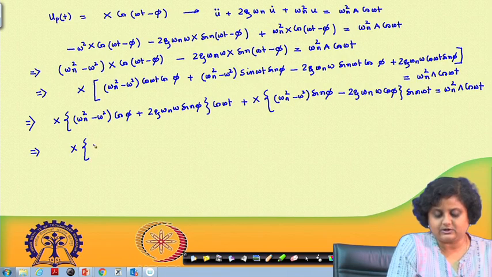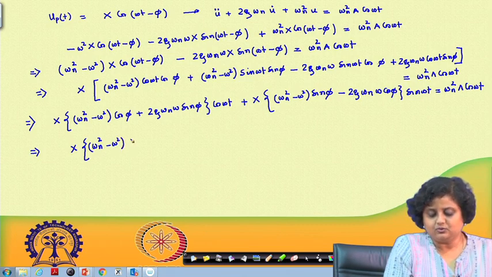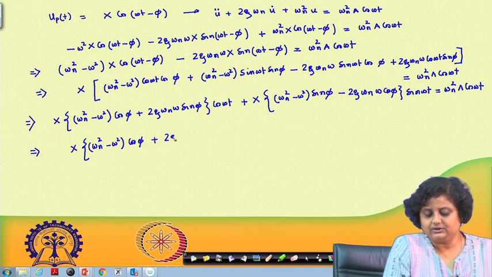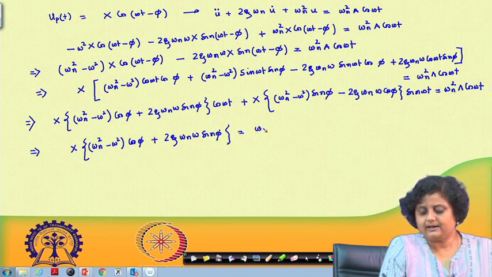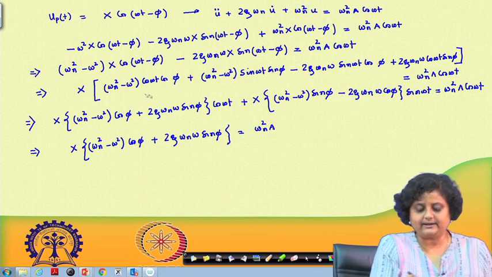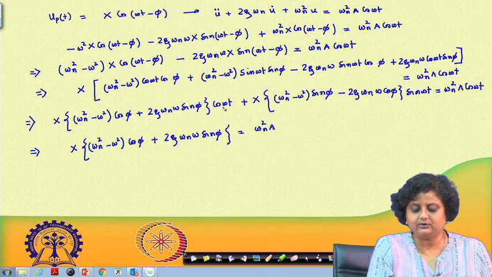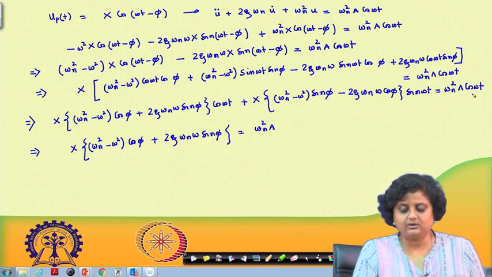The first equation being (ω_n² − ω²) cos φ + 2ζω_n ω sin φ = ω_n² A. What I have done is that I have equated the terms associated with cos ωt with those on the right hand side.